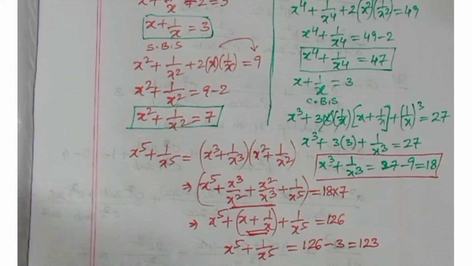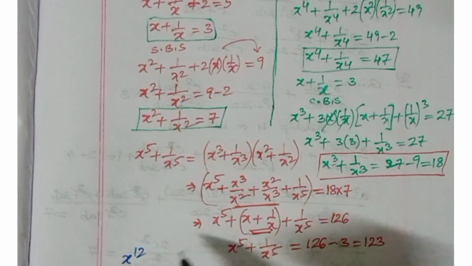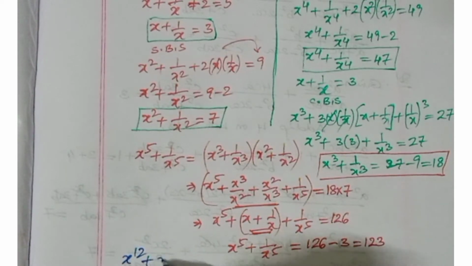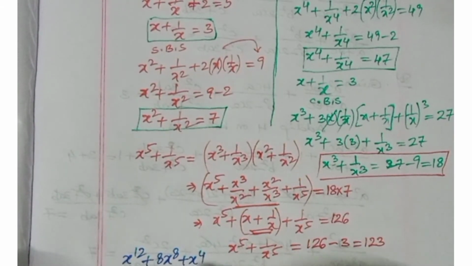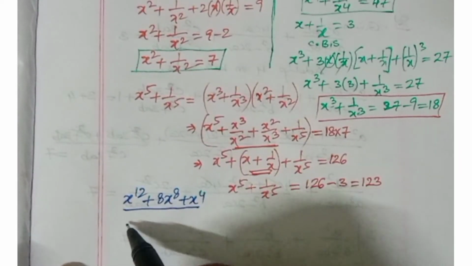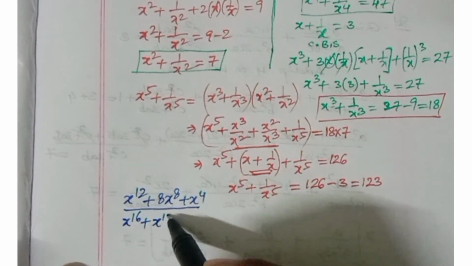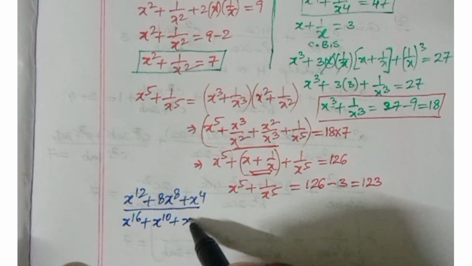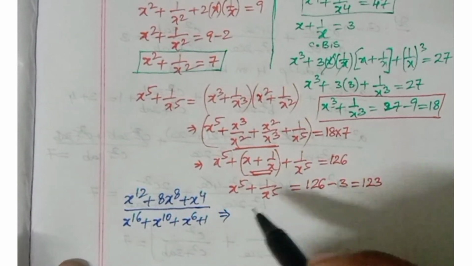So what is given now? You take the given part: x to the power of 12 plus 8 x to the power of 8 plus x to the power of 4 by x power 16 plus x to the power of 10 plus x to the power of 6 plus 1. You have to find the value of this.